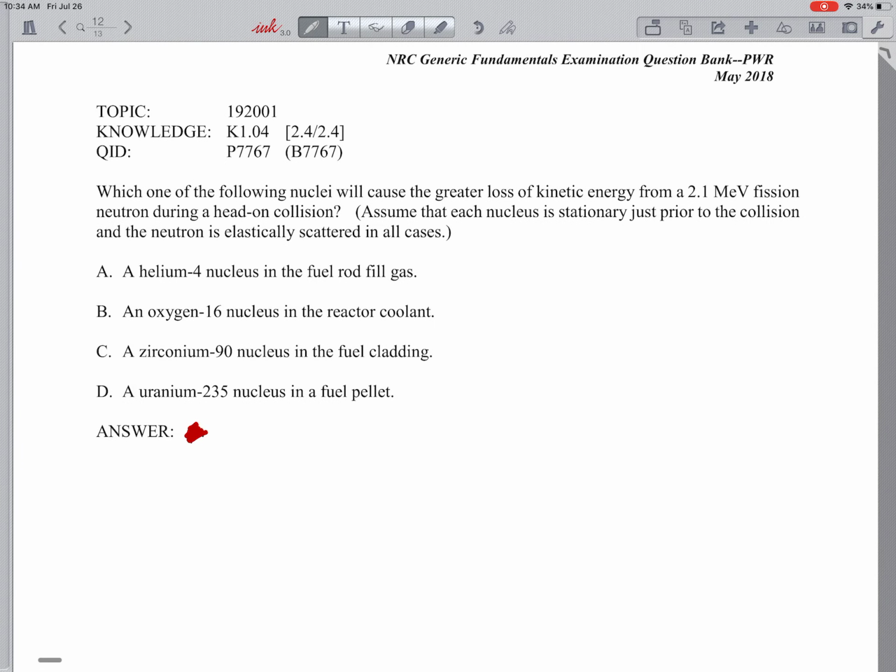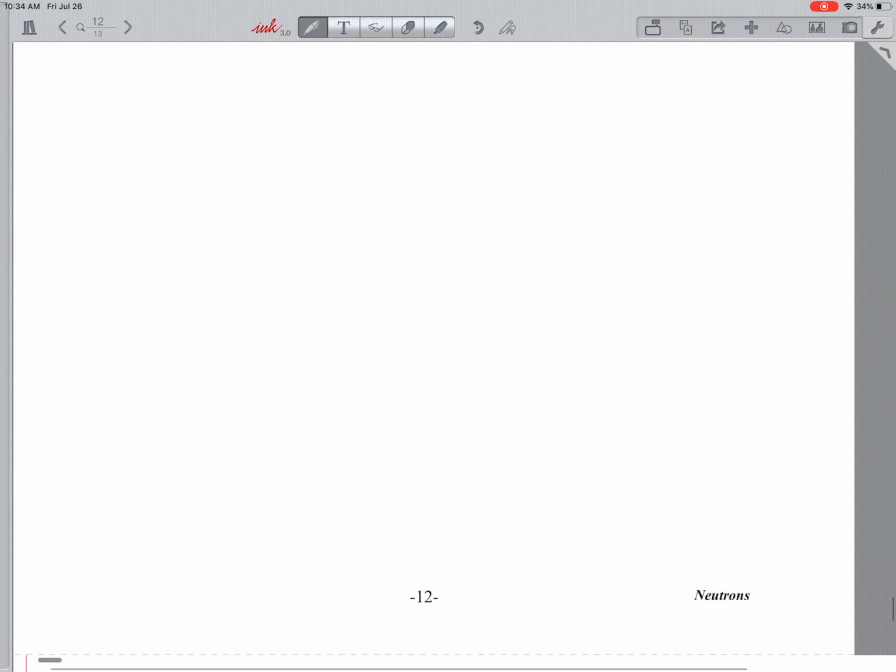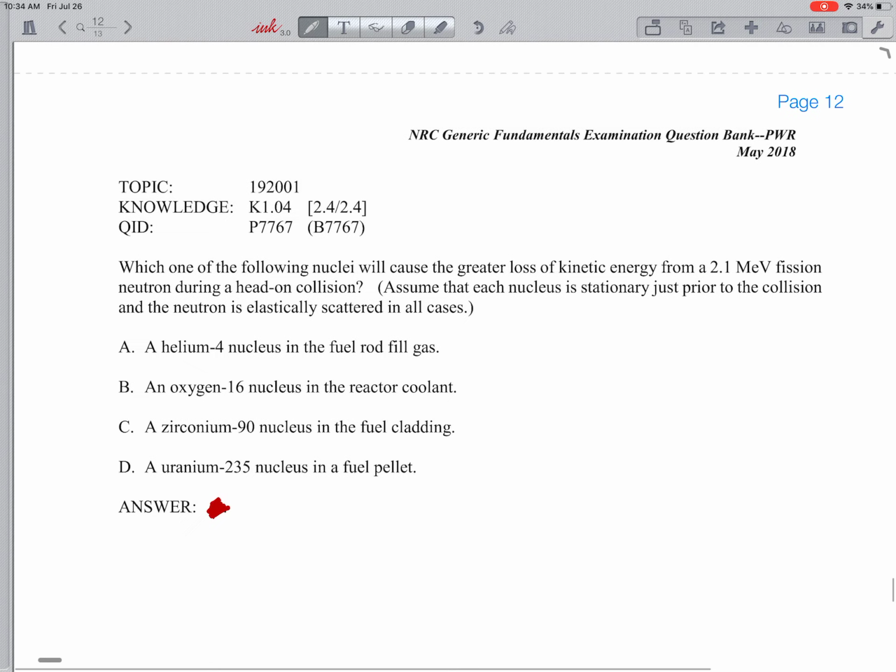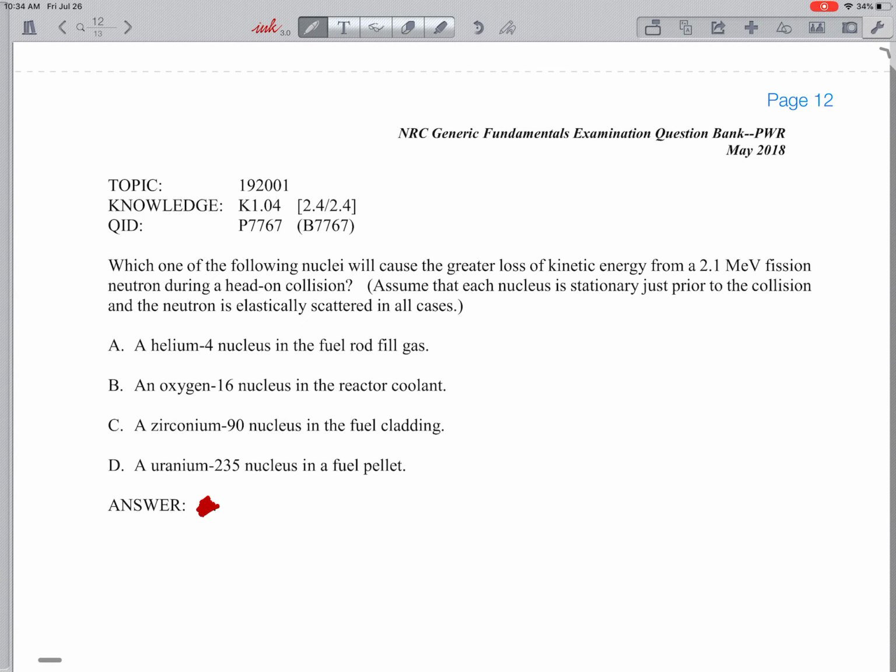Next question. The following nuclei will cause a greater loss of kinetic energy. This is the last question in neutrons, the only one that's not delayed versus prompt.